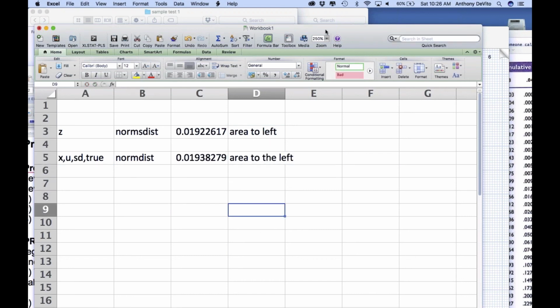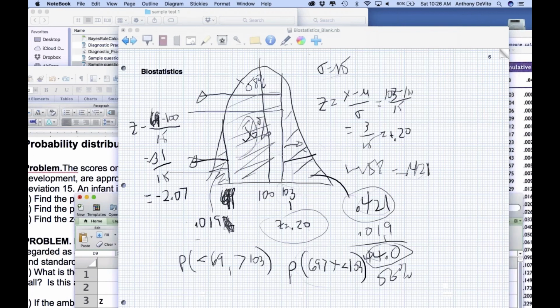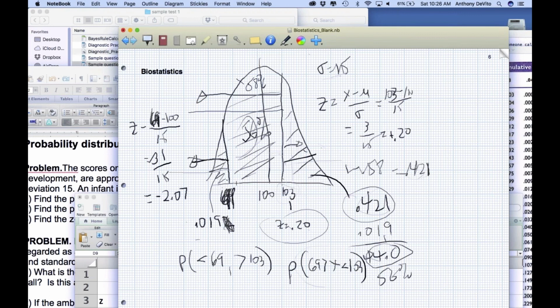Okay, so now what if I asked you, in this study, we're going to send the parents of the children in the lower 10% of children that test in this PDI score.